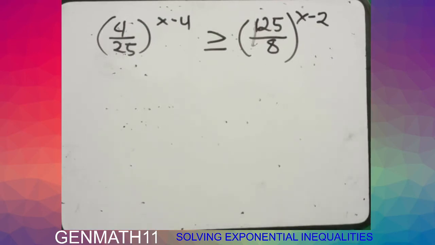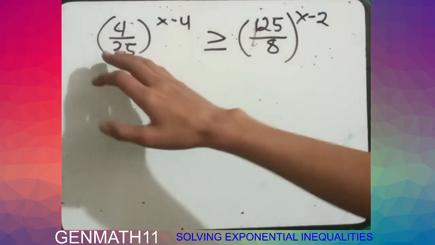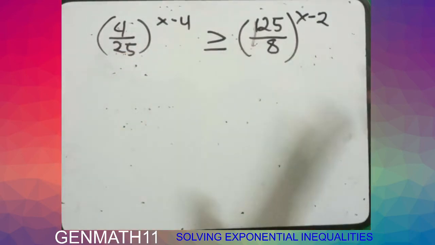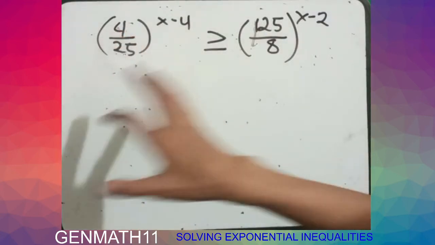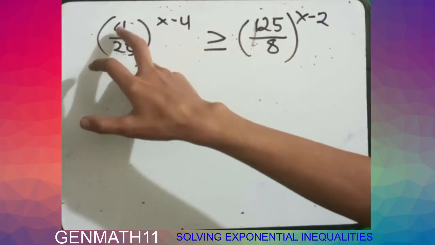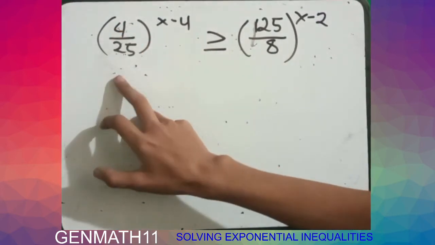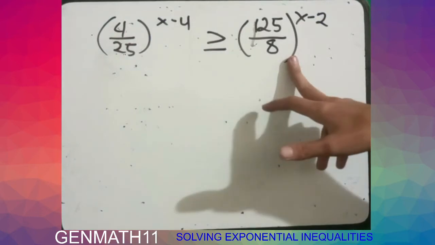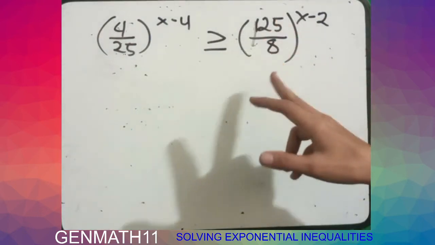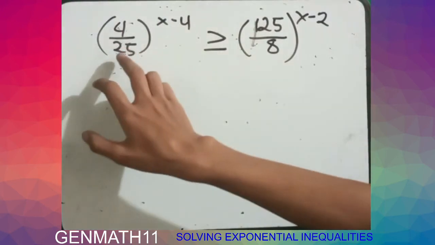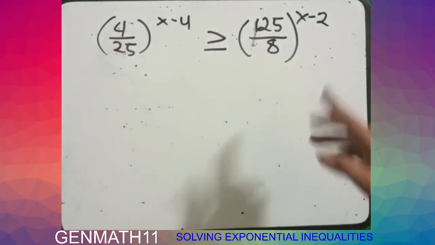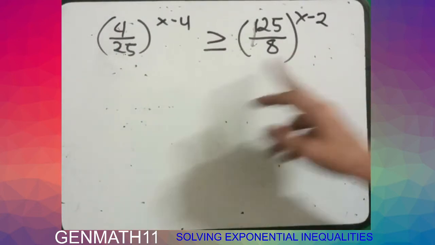Okay. So, iisip tayo dito ng ating base natin na magkaparehas sila. Yung base natin magkaparehas. So, i-examine muna natin. Since yung ating numerator nitong 4 over 25 is mas mababa kaysa denominator, samantalang ito ay si numerator naman ay mas mataas kay 8. So, ang gagawin natin, it's either babalik rin natin si 4 over 25 or ito ang babalik rin natin para magparehas sila.